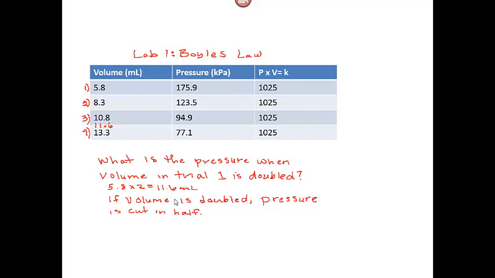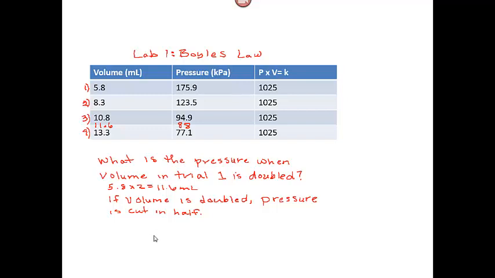So we could just simply look at the pressure at 5.8 and then cut this in half. So we would divide 175.9 by 2 to get that value. And so that would end up being about 88 kilopascals. All right? Okay, so that's the way we could think about this conceptually.